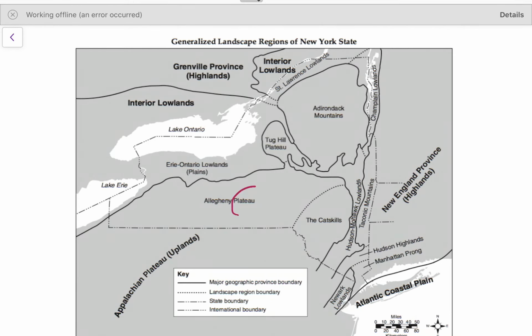So Ithaca is approximately in this area here. If I say Ithaca was about here, Ithaca seems to be part of what we call the Allegheny Plateau.